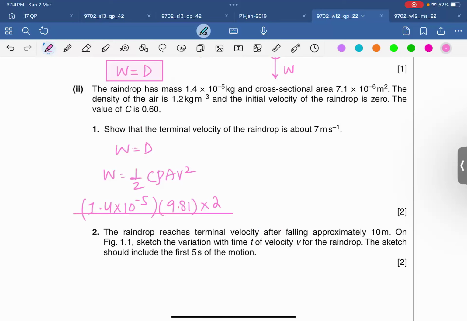So when you divide by c, the value of c is given, 0.6, into the density of the air, 1.2, times it by the cross-sectional area, 7.1 times 10 to the power negative 6, and the whole thing under root, right? Whole thing under root. Perfect. Now solve it.